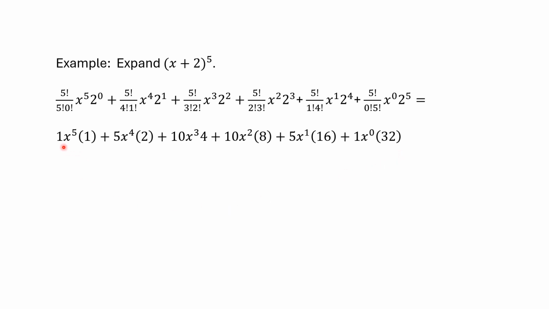Now, we don't normally write 1x to the 5th or x to the 0. We assume, of course, that x is not 0 because 0 to the 0th power is undefined.